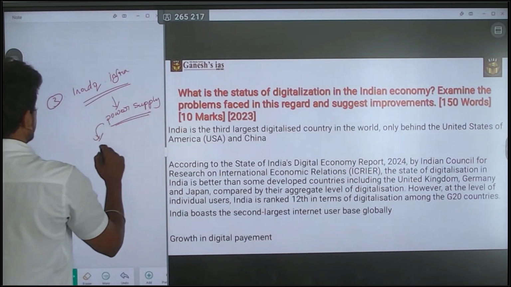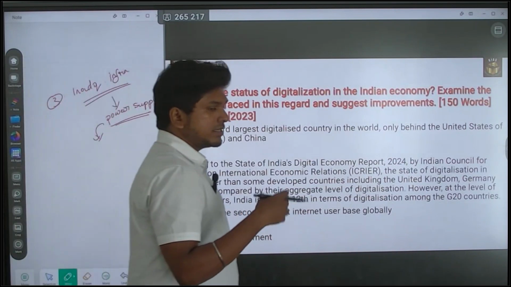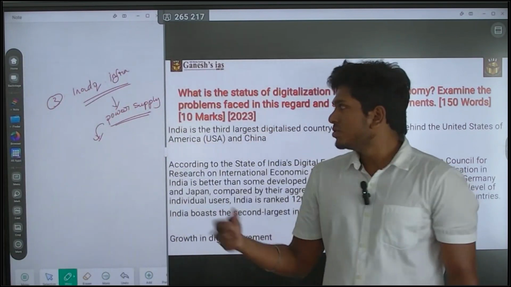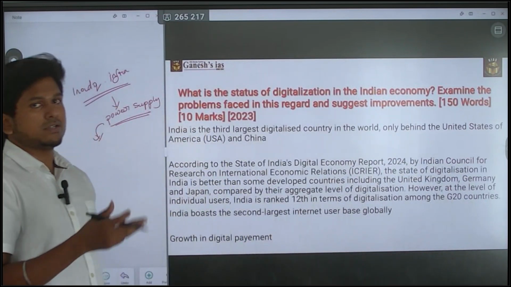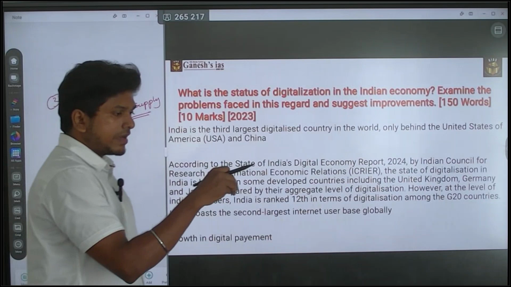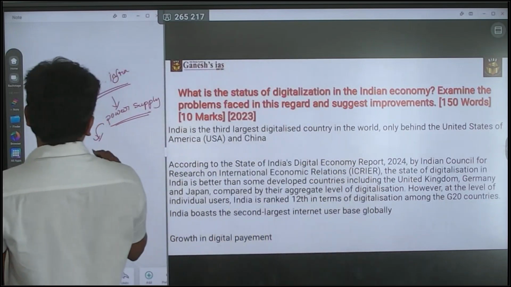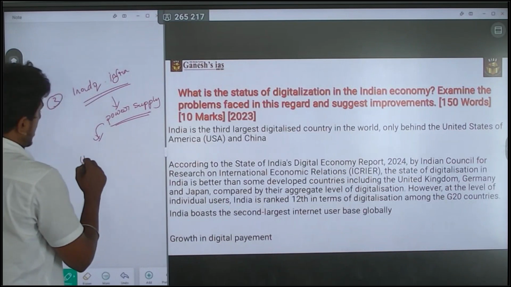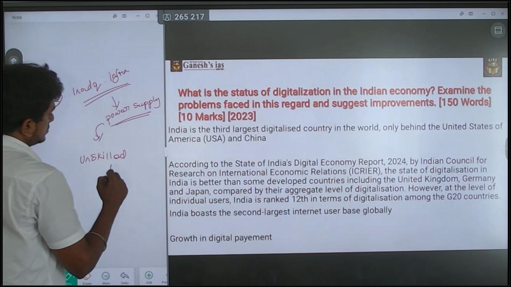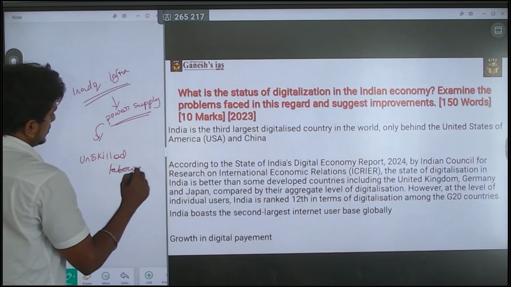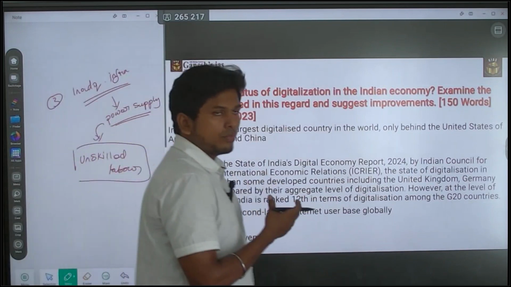Also you can say that the towers run on diesel engines only. So if the diesel price increases, that is also going to impact the digitalization. So it is somewhat connected. And also you can say that there are still unskilled laborers related to these jobs in the communication field. So you can say that these are the major problems.